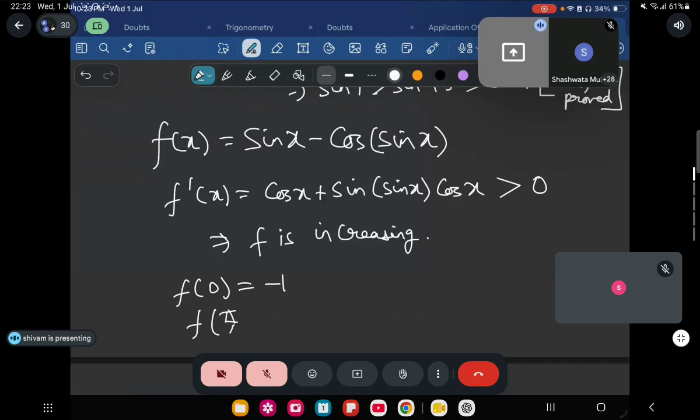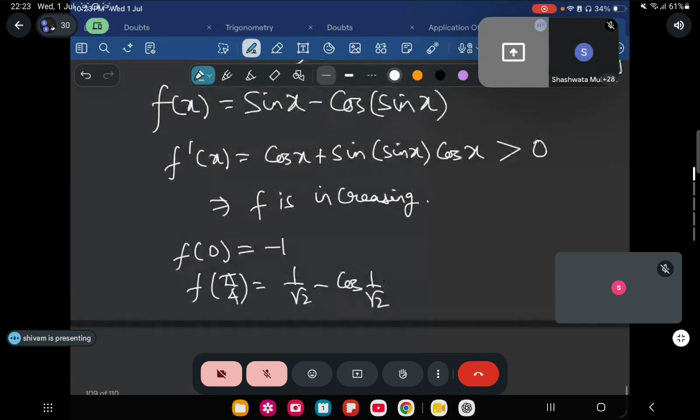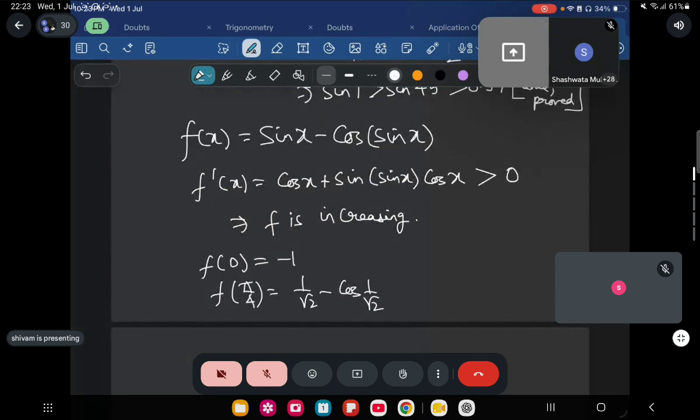F of pi by 4 is what? 1 by root 2 minus cos of 1 by root 2, which is equal to 0.707 minus cos of 0.707.